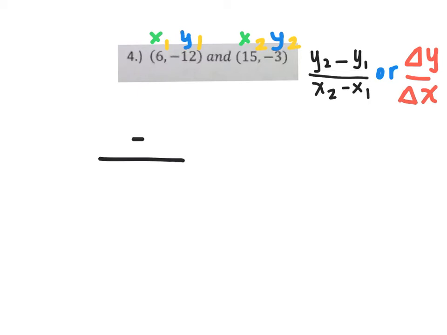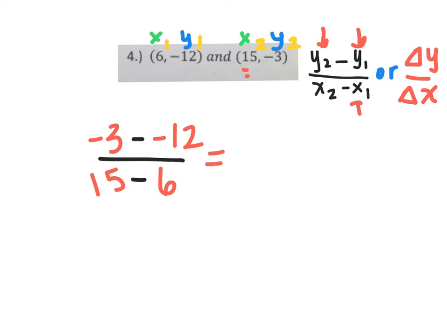Now just follow the formula and subtract. I need to start with y2 in the first position, that's negative 3, minus y1, which is negative 12. In the denominator, I have x2, right here, 15, minus x1, which is 6.